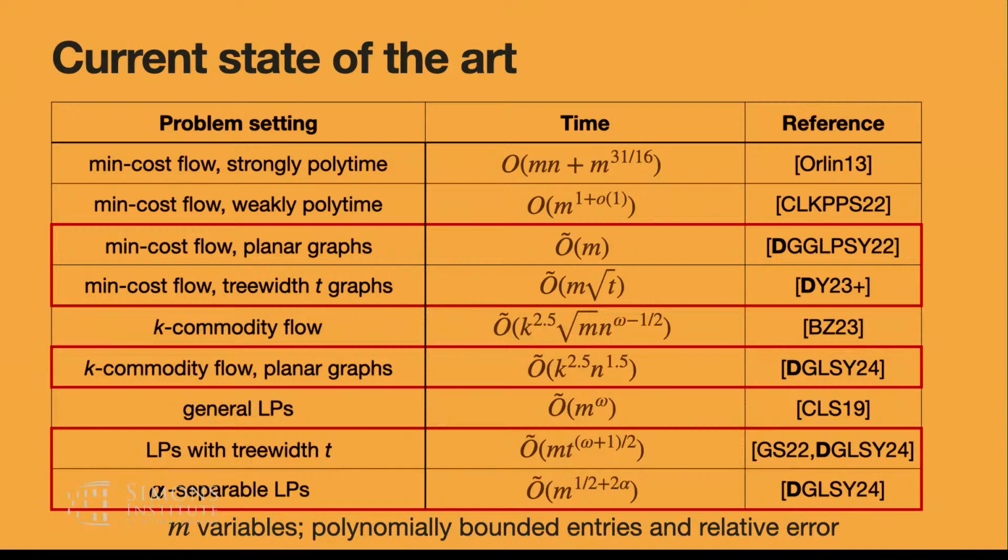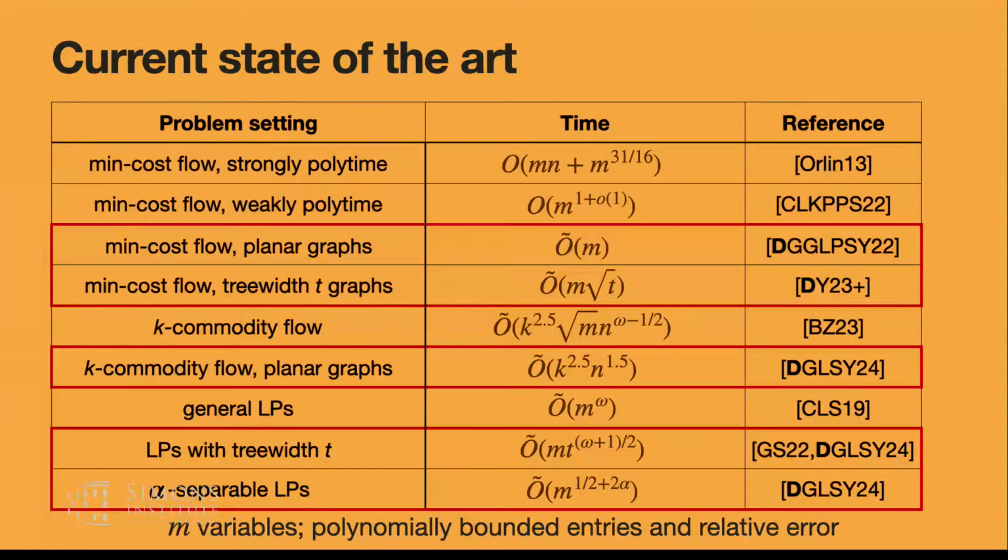So we have planar graphs, we have tree width T graphs, and then we have alpha separable linear programs corresponding to alpha separable graphs. All 3 admit very nice balanced separators that we will really make use of in our algorithms.